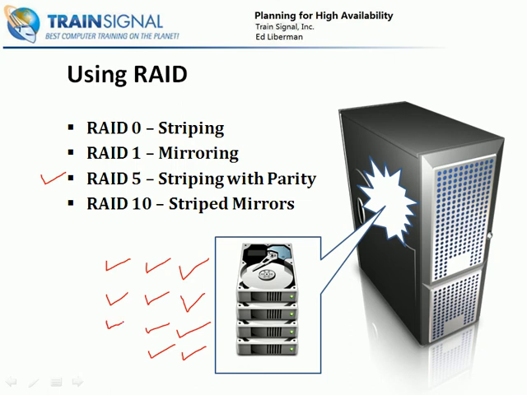But there is one significant difference, and that is that on each pass through, instead of writing just data, one of the drives will get a parity block instead of data.